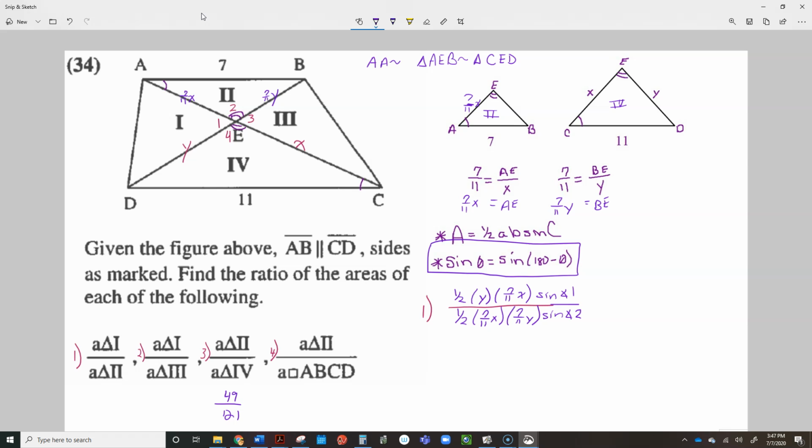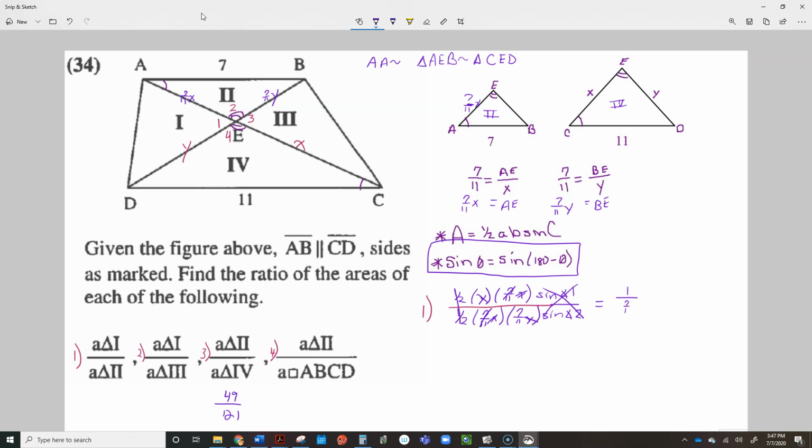Now, angle 1 and angle 2 are supplements. So since those are going to be equal to each other, those are going to divide out. All right, the 1/2s are going to divide out. This y is going to divide out with that y. This x is going to divide out with that x. The 11 can divide out with that 7/11. And what I'm left with is 1, because everything on top divided out.